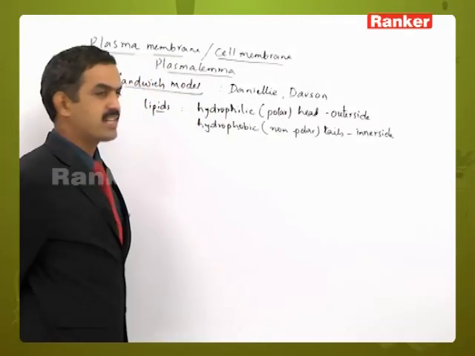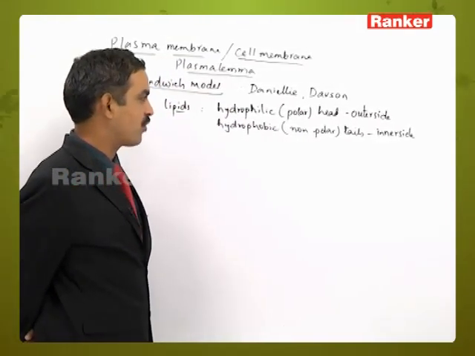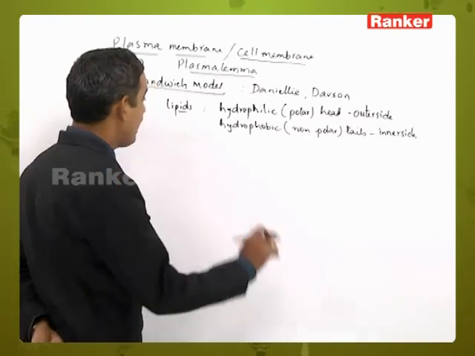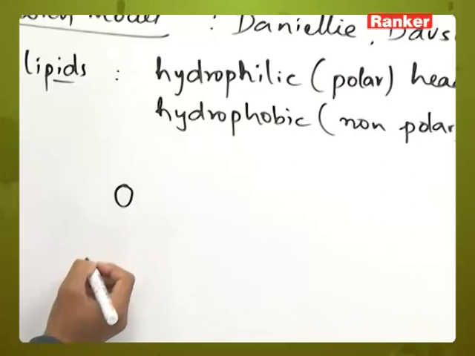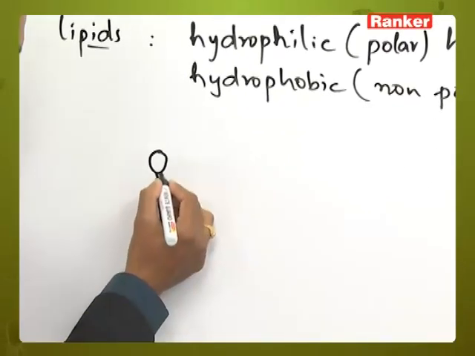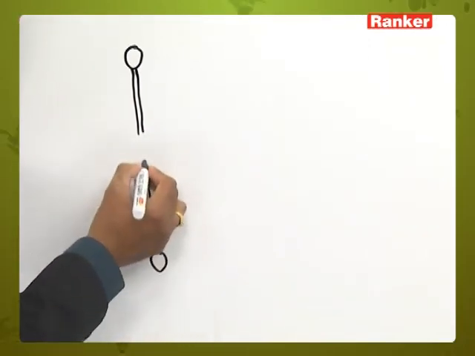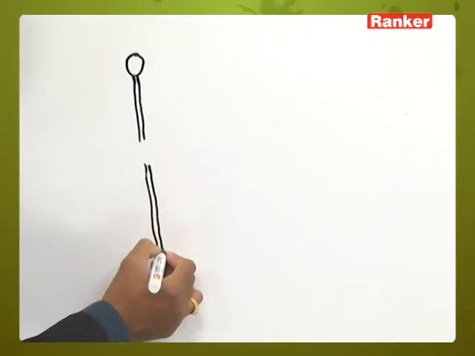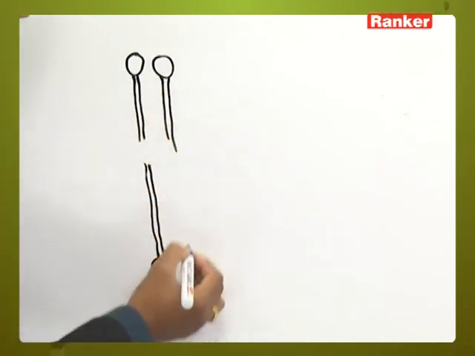So hydrophilic polar heads are present and hydrophobic non-polar tails are present. If you look at the diagram, this is the head region, where tails are present towards the center, and according to this model we can see two layers of lipids.